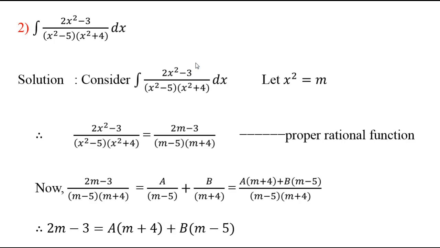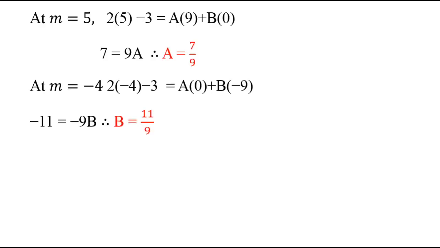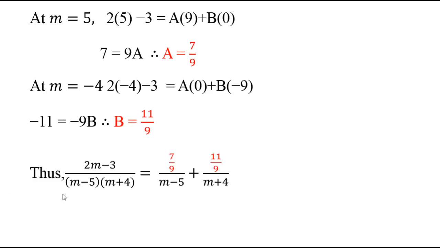Now from the same equation, if I put m is equal to minus 4, this a will vanish. By substituting m is equal to minus 4 in that last equation, I obtain the value of b, and b is equal to 11 by 9.